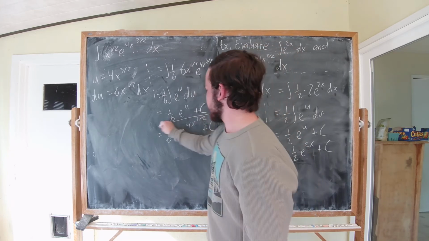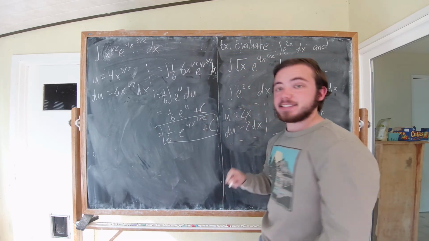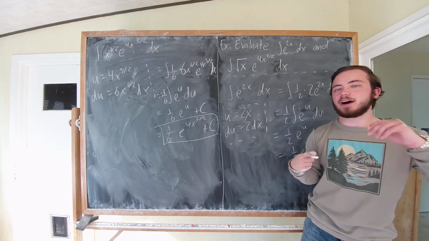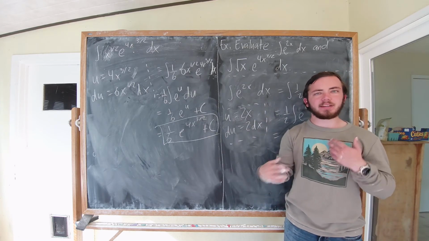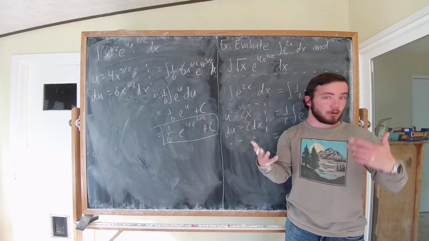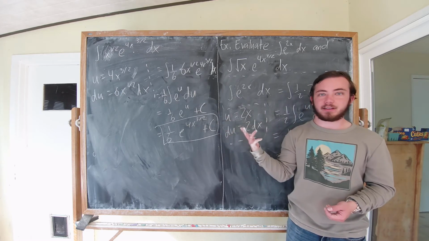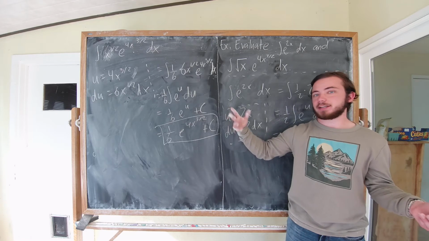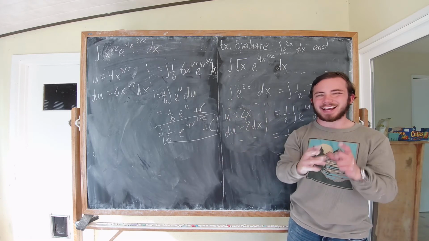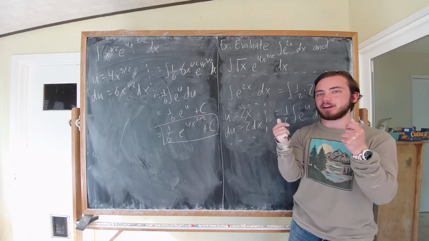So the whole goal for integration by substitution is to get our integral into a simpler form that we already know how to deal with, whether that's a power rule style thing, or the integral of e to the u kind of a thing, right? Because those are nice forms that work very quickly.